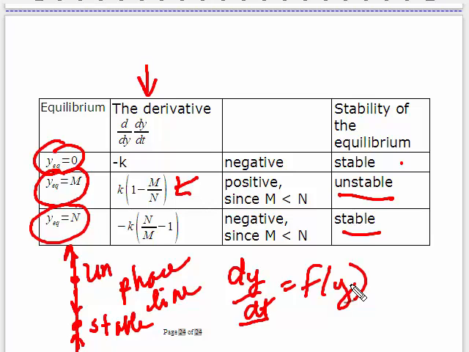The next is to take one more derivative, take the derivative of this with respect to y, evaluate it at equilibrium points. If it's positive, the slope through there is positive, it's unstable. If the slope through there is negative, it's stable. If it's zero, it's semi-stable. We're going to see a lot. We're going to see this idea of stable and semi-stable equilibriums throughout the rest of the course.